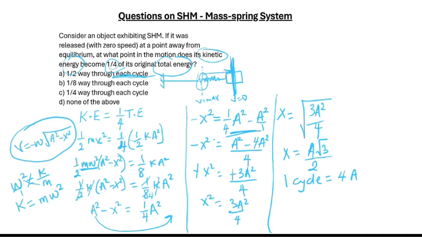All right, now let's relate. We want to check how many cycles are in this amplitude. So I will place under amplitude, which is root 3 over 2 amplitude, equals what we don't know, so I will call it p cycle. So how many cycles are inside this? Then I cross multiply.